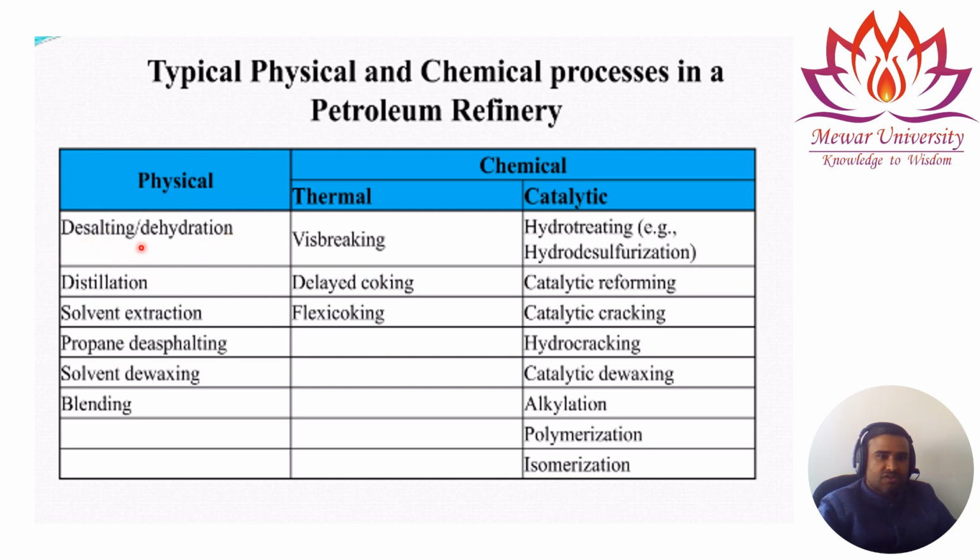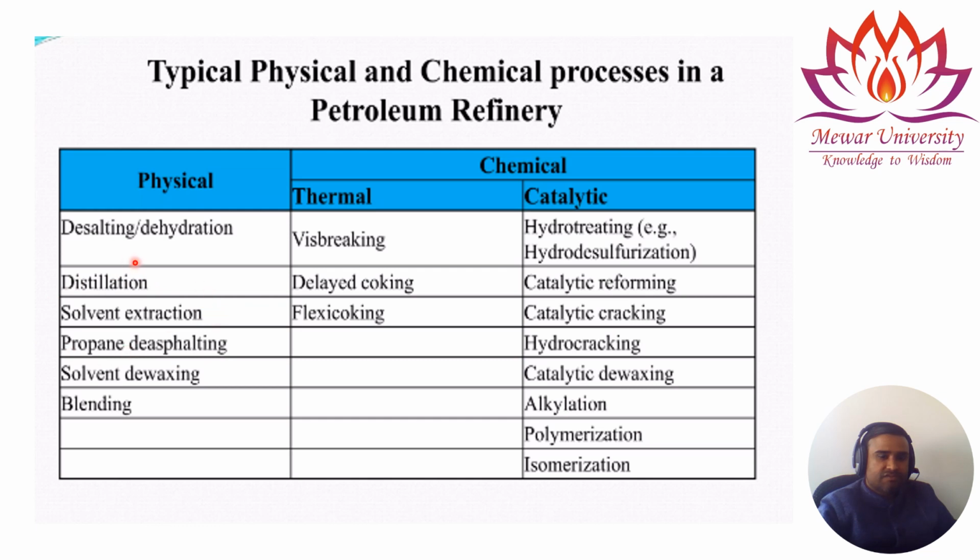This is the process of removal of salt present in the crude oil and removal of water molecules. Then we have distillation. With high temperature we boil the crude oil, and based on the boiling point we separate the different components present in the crude oil. Then we have solvent extraction.